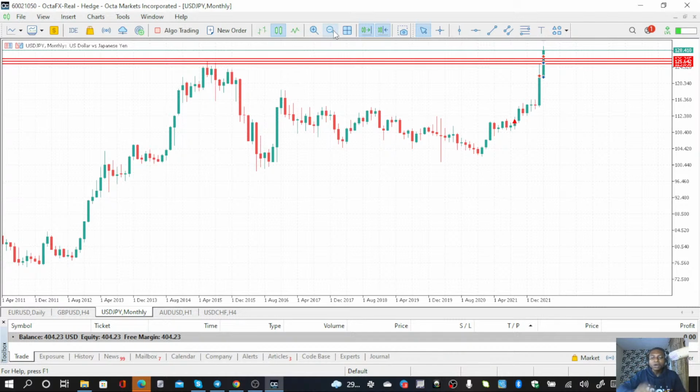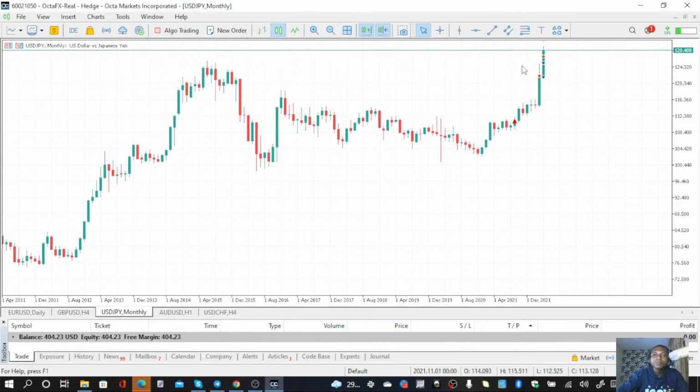First things first, we have gone to the higher time frame, the monthly time frame, and we want to know what is going on. What is the market structure? Is the market in an uptrend, or is it in a downtrend?